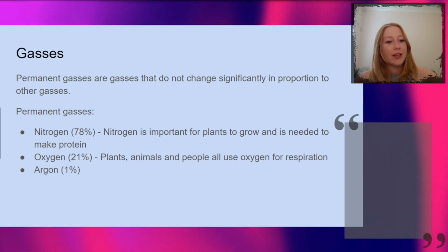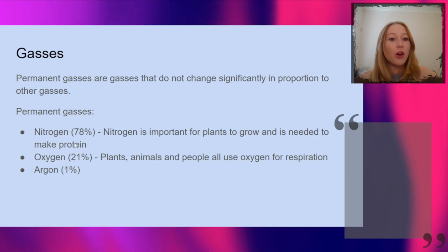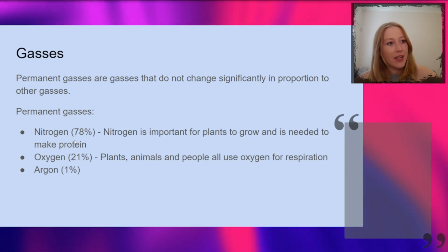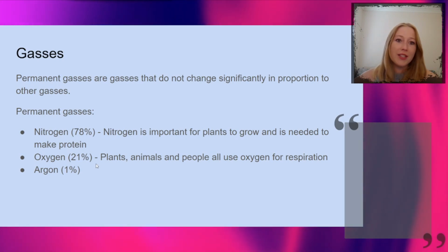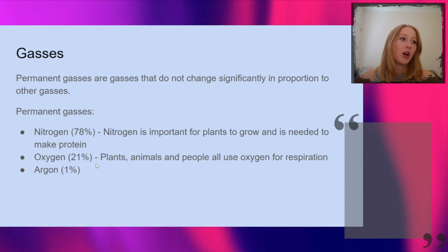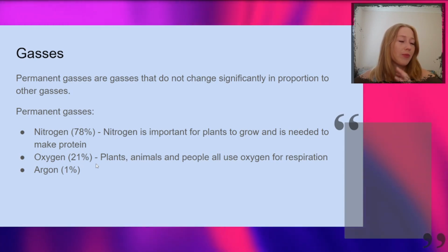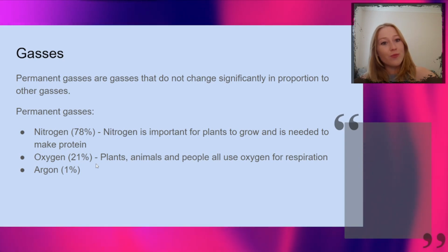So that's why these percentages are ones that we can actually learn. So we can learn that nitrogen is 78% and oxygen 21%, but we can't exactly memorize the percentage of carbon dioxide or water vapor because those levels can change.